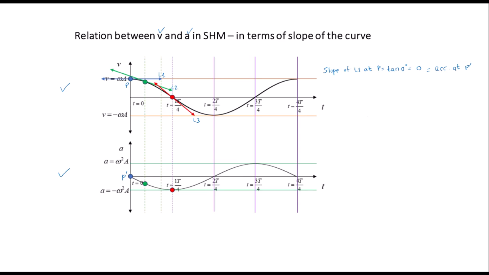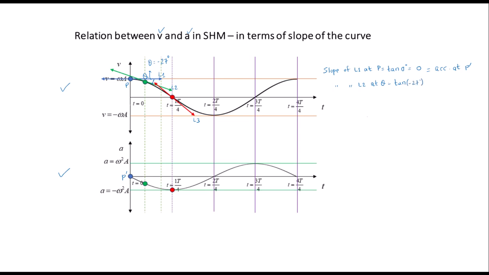Let's extend the same logic. This time we take line L2 in green, and I consider the point Q. At the point Q, let's see what angle this tangent makes with the positive direction of the x-axis. This angle is represented by theta, and this theta is found to be roughly equal to minus 27 degrees. If I apply the same logic, the slope of the line L2 at the point Q will be equal to tan of minus 27 degrees.